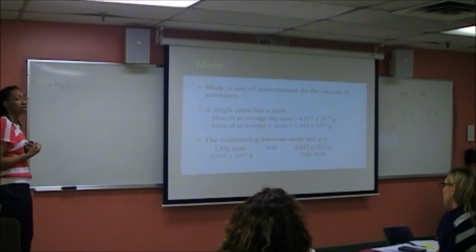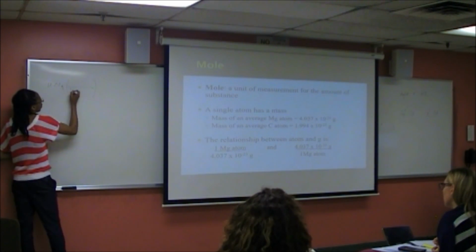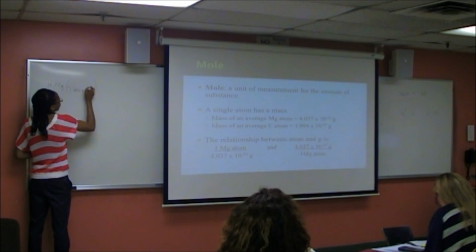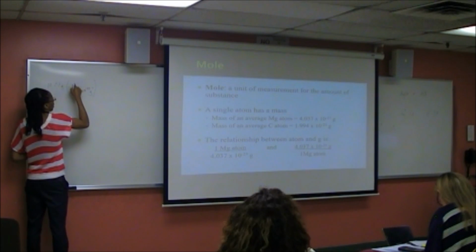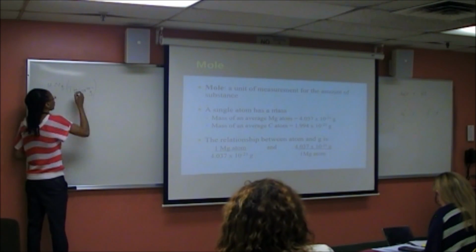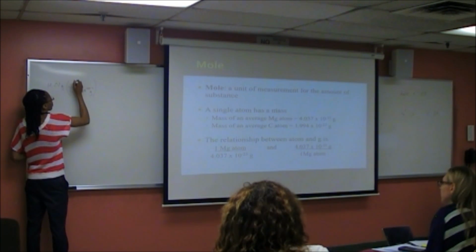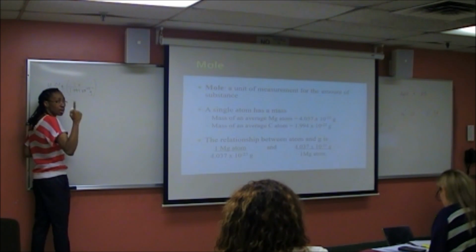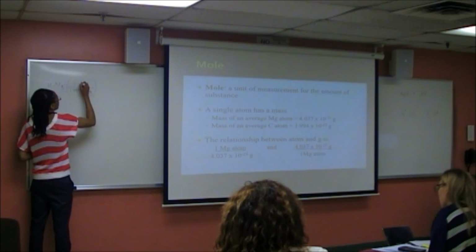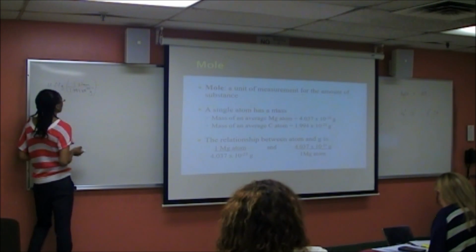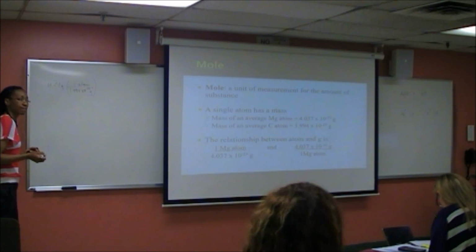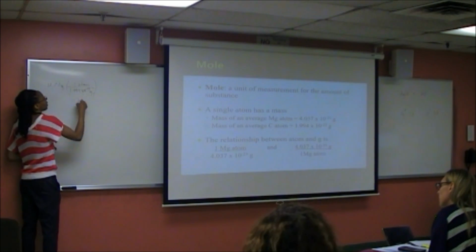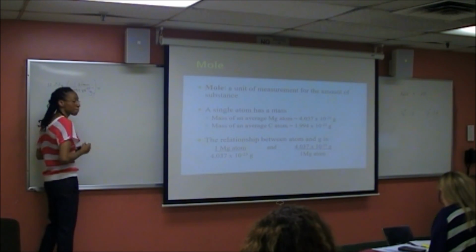Where does grams have to be? Bottom. So 1.994 times 10 to the negative 23 grams. What goes on top? How many? One atom. Remember, this is the mass of one carbon atom. What do we do next? We cancel out the grams. Multiply across, divide by the bottom. What do we get?